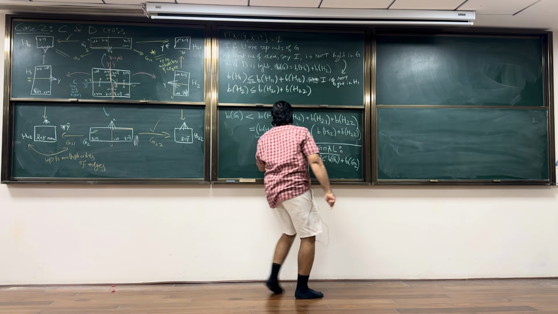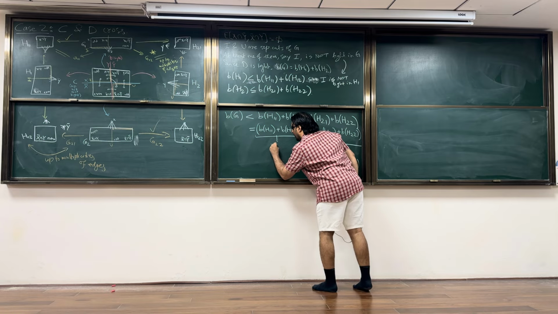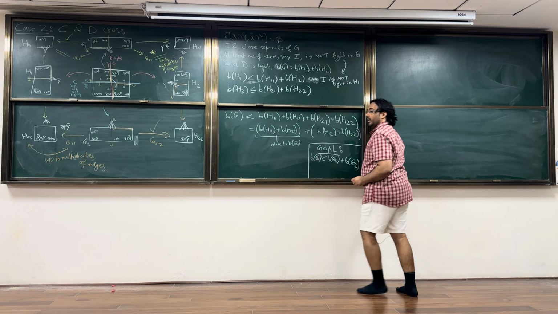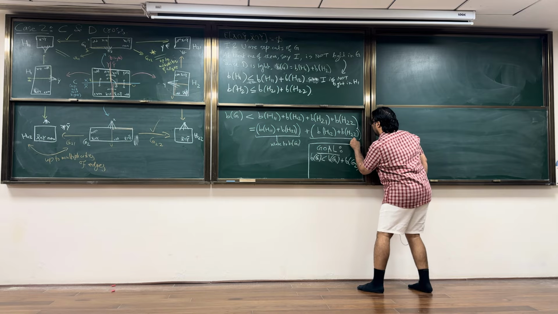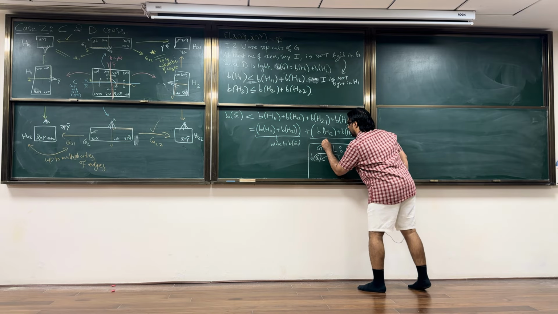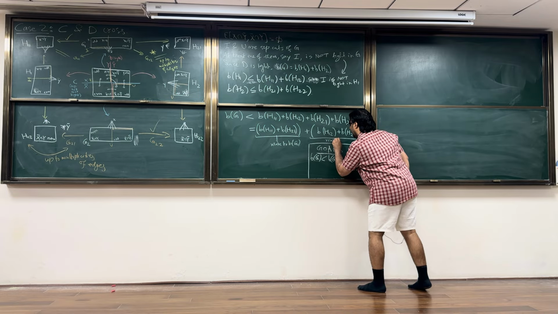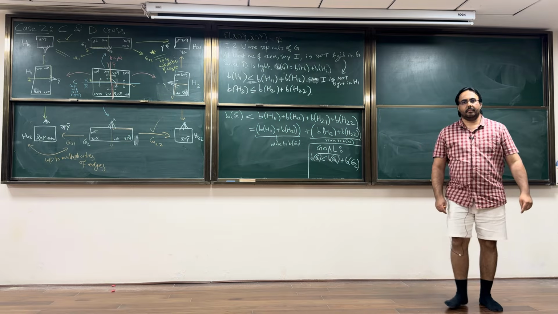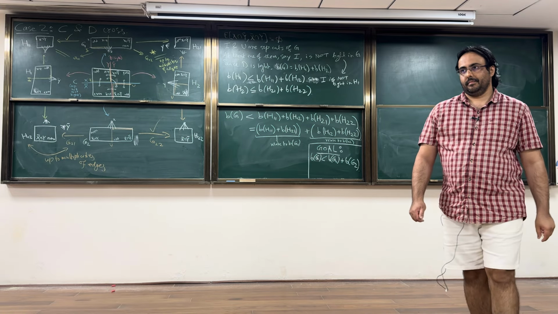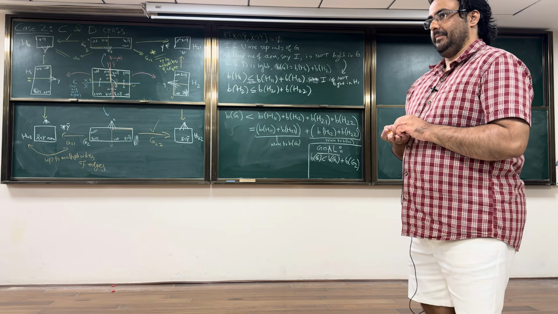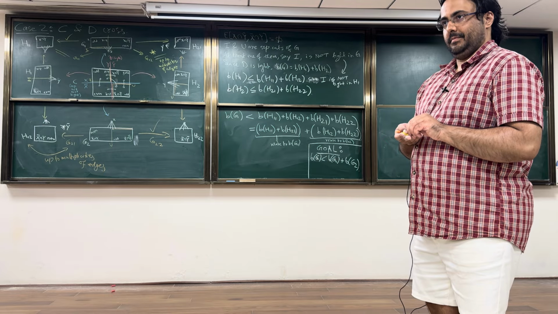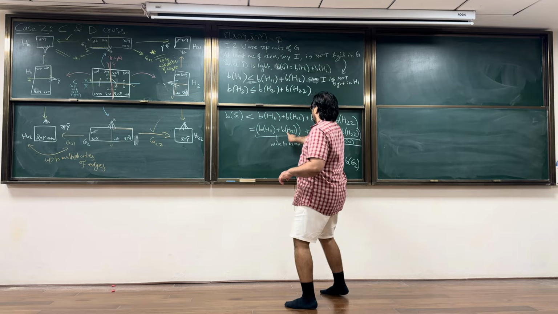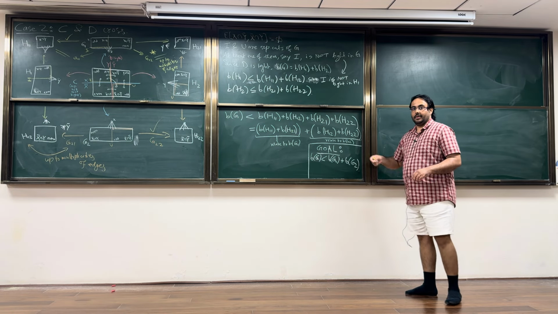We want to relate this to be of G1, and we want to relate this to be of G2. Yeah? Make sense? So can we relate this to be of G1 and can we relate this to be of G2?